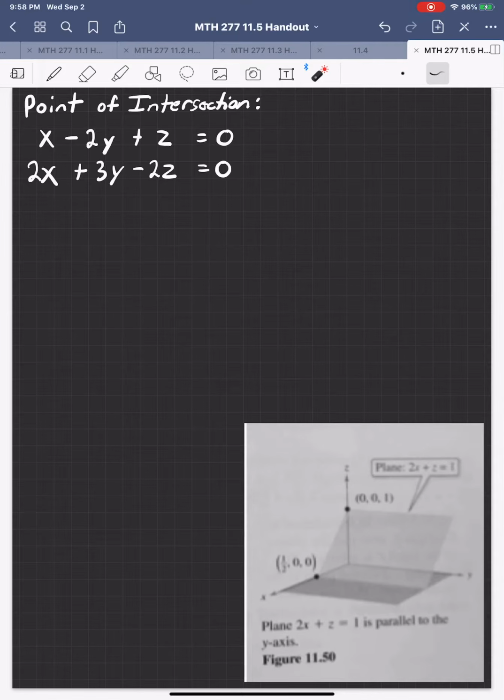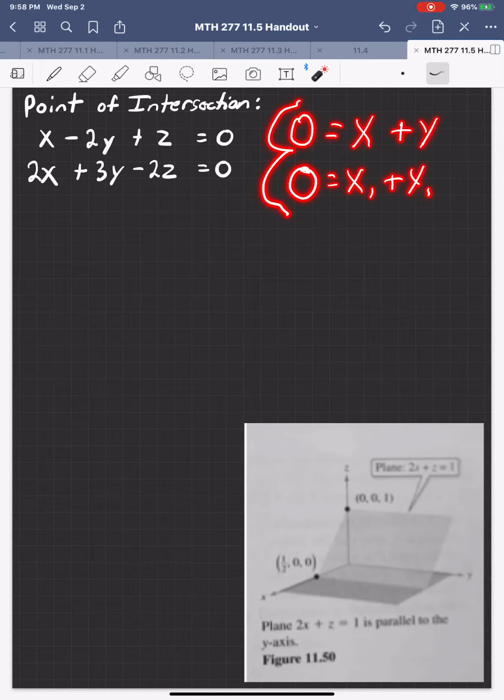Okay, I'm not going to dwell on this very long, but just like in 2D, you would use a system of equations to find the point of intersection.